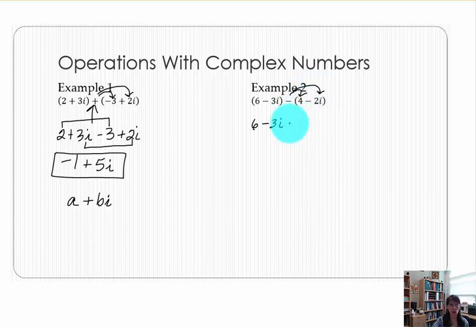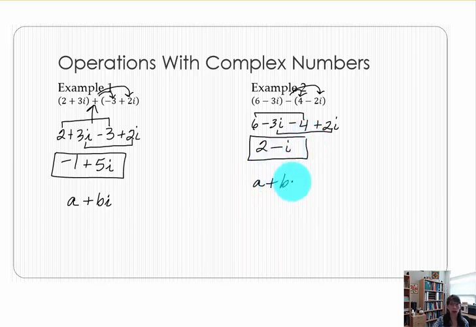So negative times 4 would be -4, and negative times -2i would be +2i. Again, we're looking for like terms. 6 minus 4 would be the real portion, and -3i plus 2i is the imaginary portion. So our final answer in the complex number form a plus bi would be 2 minus i.